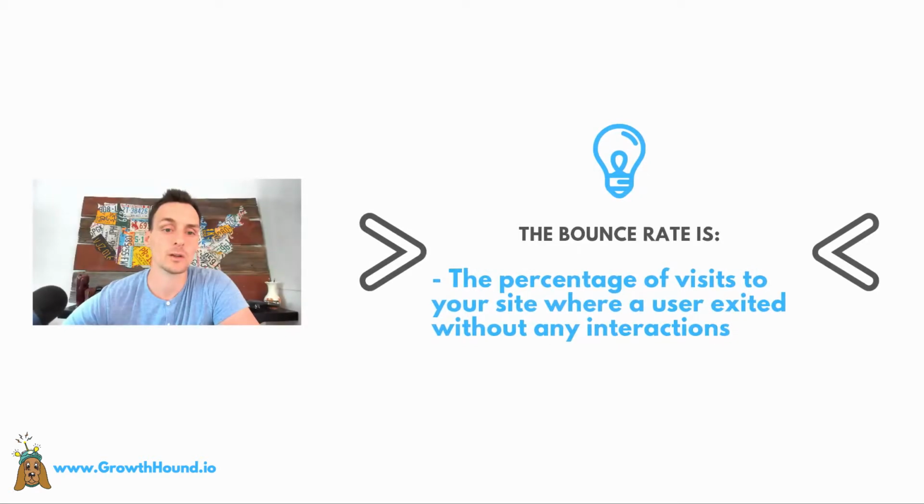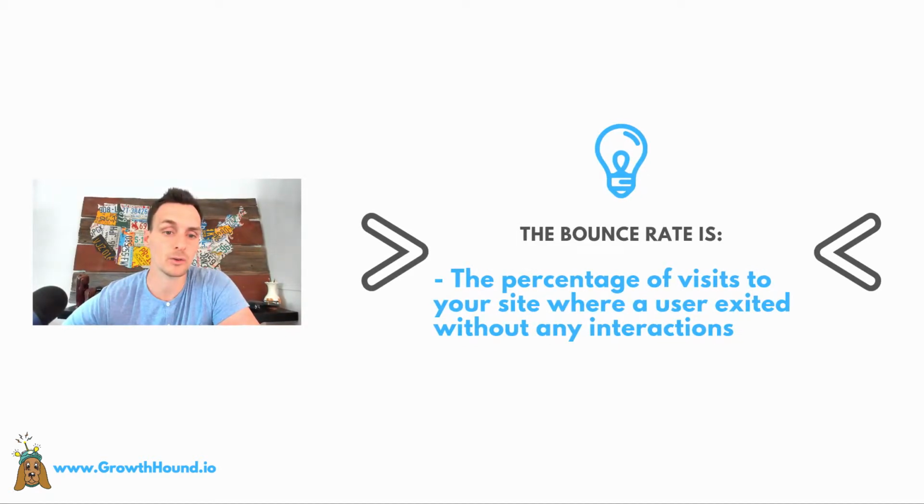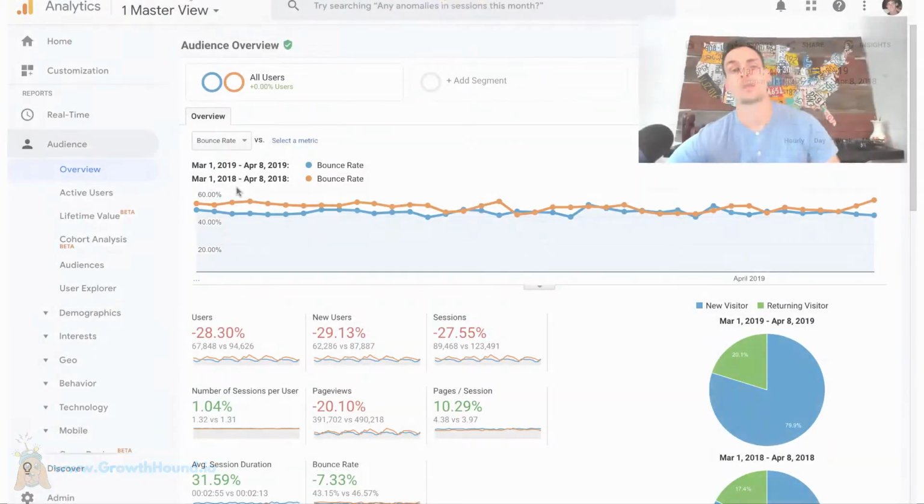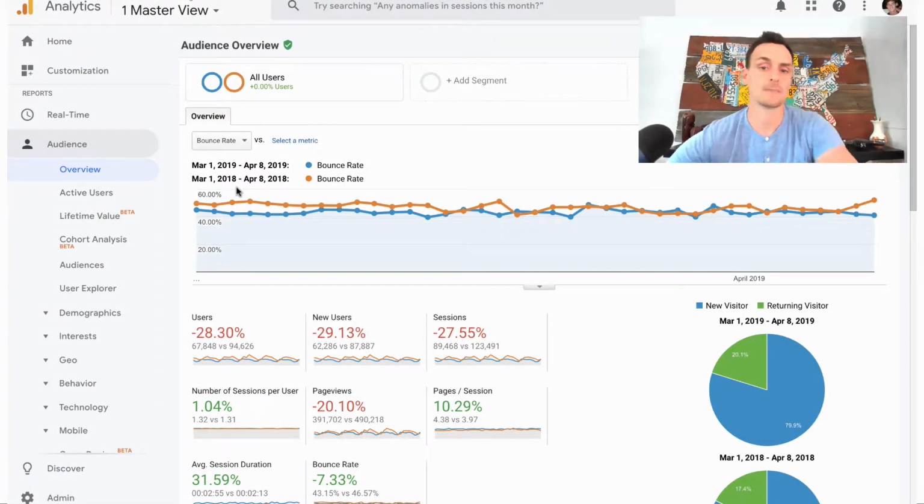You'll notice here we can also adjust the metric that we want to monitor. Bounce rate is a metric described as the number of users who come to your site without an interaction.